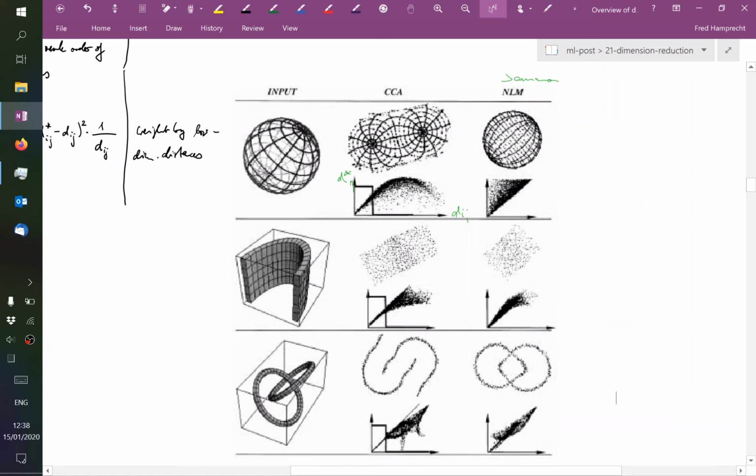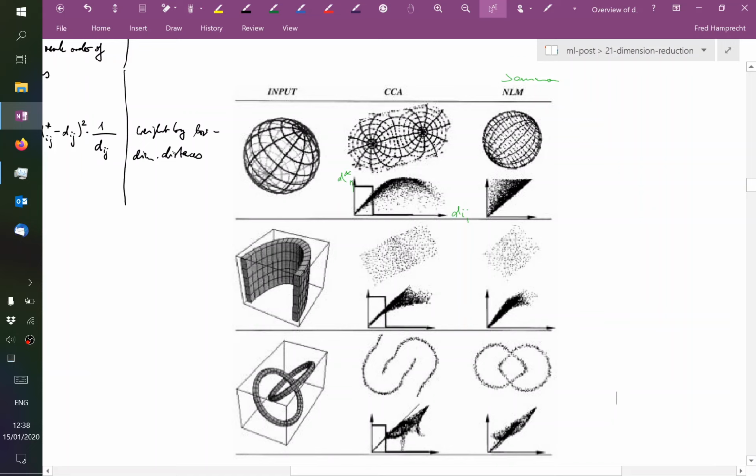And then in the middle column, we have the result as obtained by this curvilinear component analysis and by Sammon's nonlinear mapping. So in the middle column, we weighted the long distances by the low-dimensional embedding distances. In Sammon, we weighted them by the high-dimensional distances. And the impact is quite dramatic, as you can see in the first and the third example.